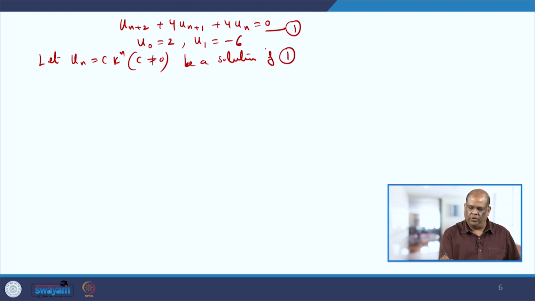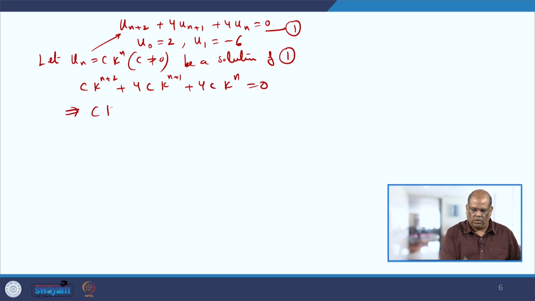So you substitute this here and you get ck to the power n plus 2 plus 4ck to the power n plus 1 plus 4ck to the power n equal to 0. Take ck to the power n common, k square plus 4k plus 4 equal to 0.